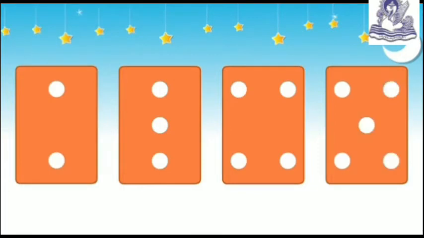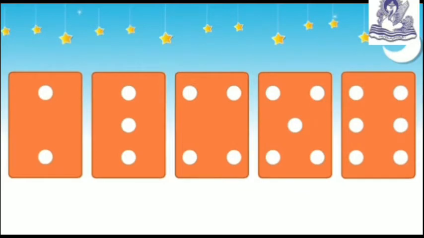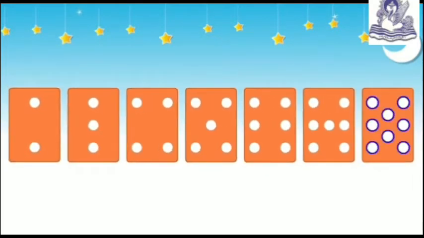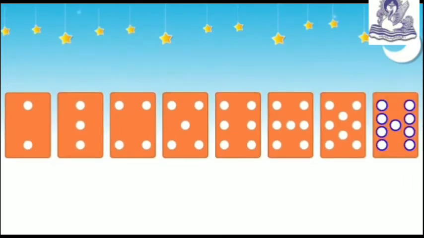Children, let us follow the same pattern and find out the next 4 cards. Yes, correct. The next card will be with 6 dots, then 7 dots, then 8 dots, and lastly 9 dots.